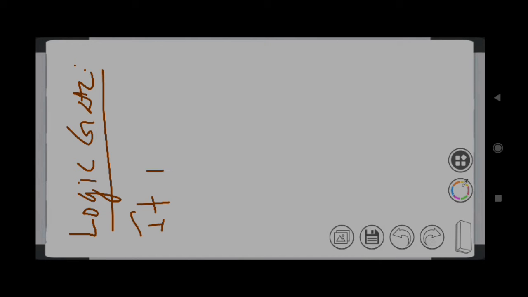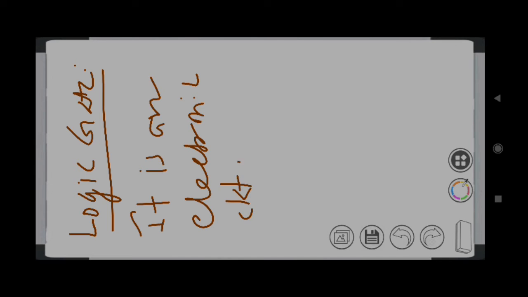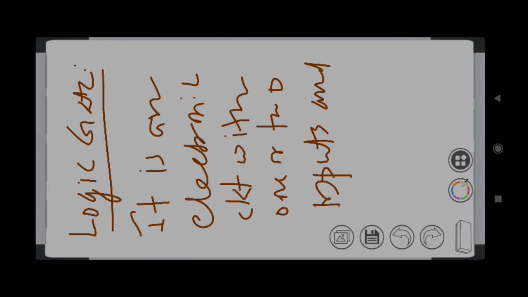It is an electronic circuit with one or two inputs and only one output. This is the definition of a logic gate.